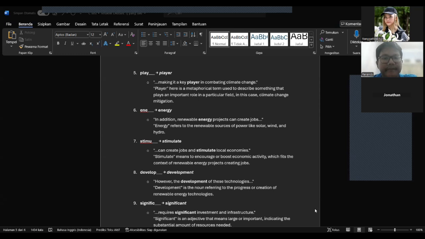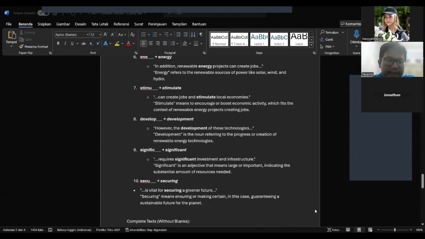And number seven, "stimulate" means to encourage or boost economic activity, which fits the context of renewable energy projects creating jobs. Number eight, the word "development" is the noun referring to the progress or creation of renewable energy technologies.